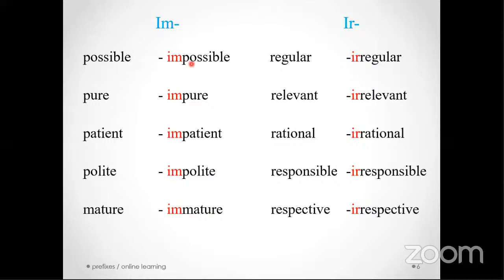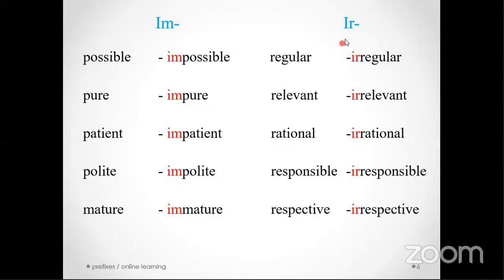All the prefixes are in front of the root word or base word, right? So now you can understand we place the prefix before the root word, so we can change the meaning. It gave us the opposite meaning by adding these prefixes.